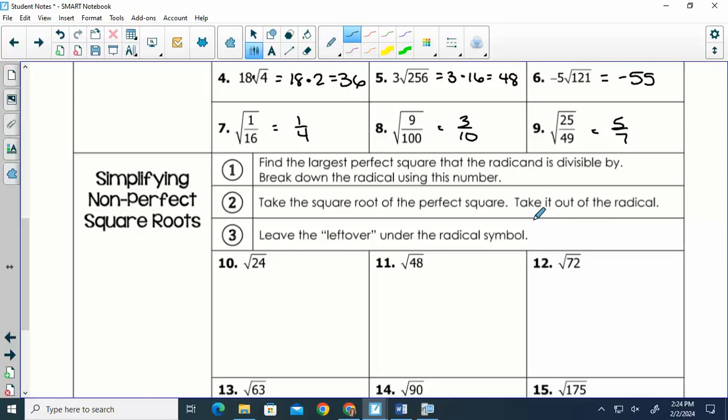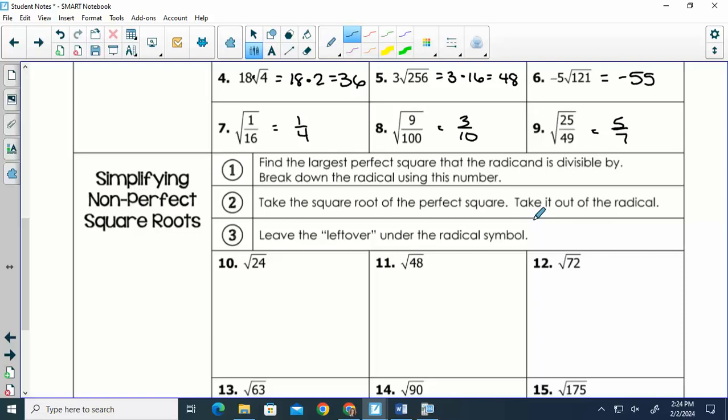So if I said the square root of 24, type that in your calculator for me. Just like any other, you hit second and the square. We don't get a nice answer. 4.89.